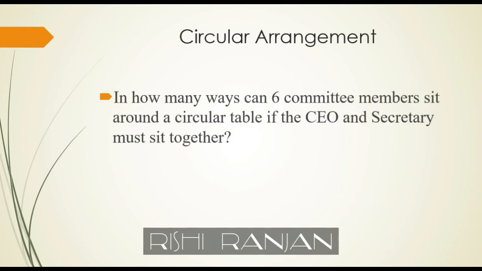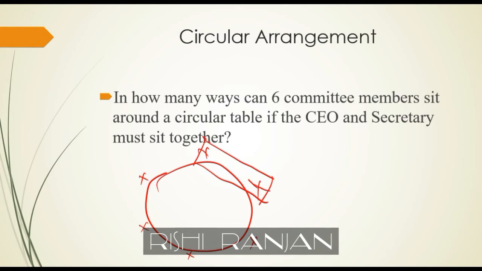In how many ways can 6 committee members sit around a circular table if the CEO and secretary must sit together? Now, there is a round table and 6 people are supposed to take the chairs around it. So normally it was supposed to be factorial 6 minus 1. But they're telling us the CEO and secretary are always supposed to be together.